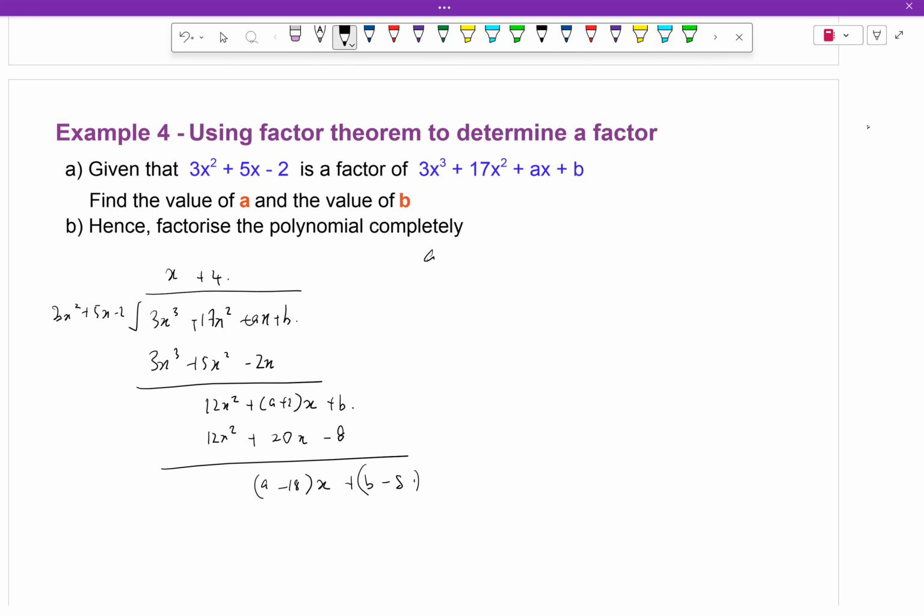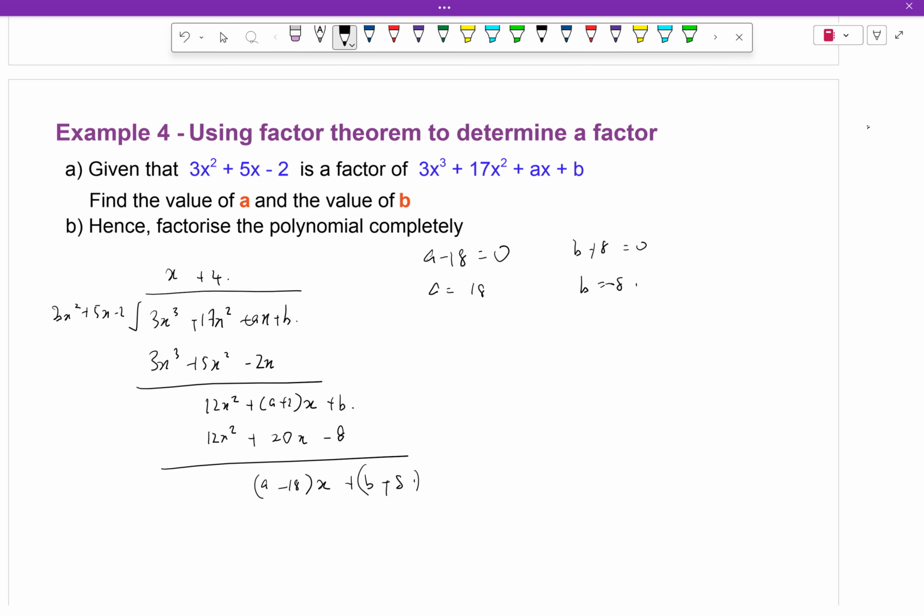So it should be a minus 18 equals to 0. A equals to 18. And then for b, plus 8 equals to 0, so this should be a negative. There. Oh, here's the algebraic method.